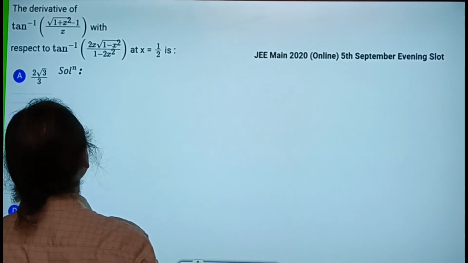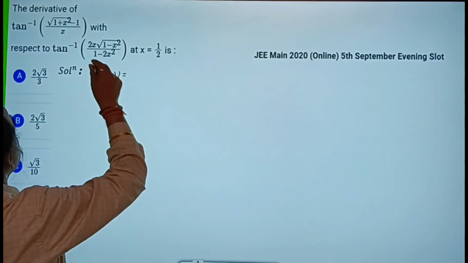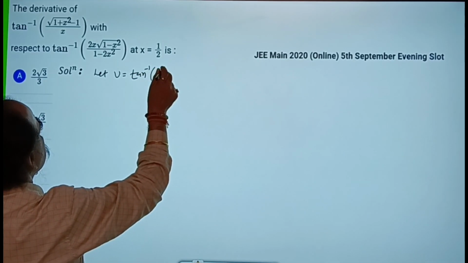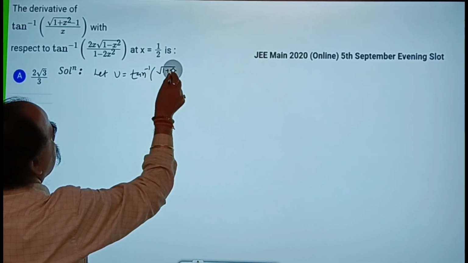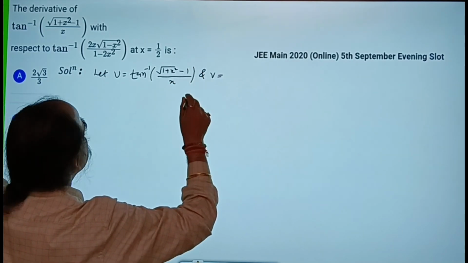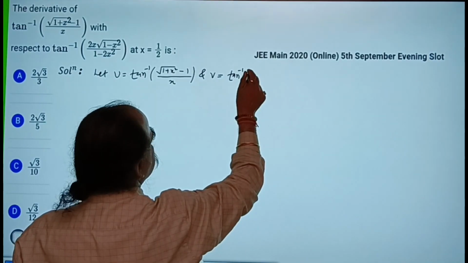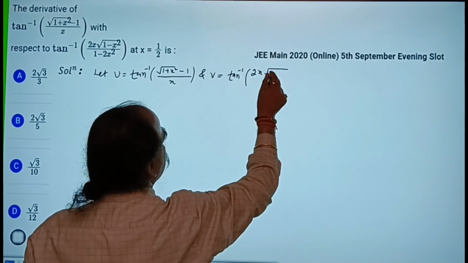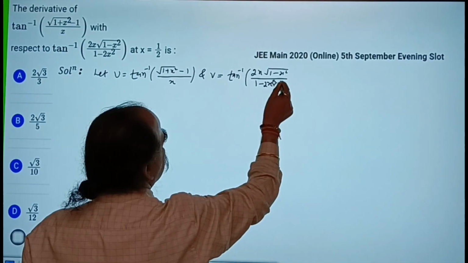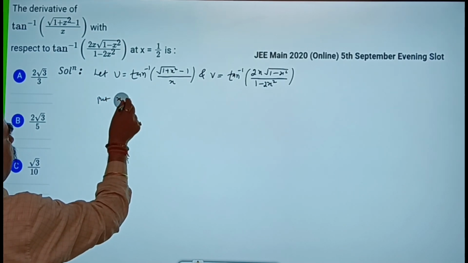The derivative of tan inverse this with respect to this. Let u be tan inverse of (root 1 plus x square minus 1) upon x, and v is equal to tan inverse of 2x root 1 minus x square upon 1 minus 2x square. For u, put x equals tan theta.